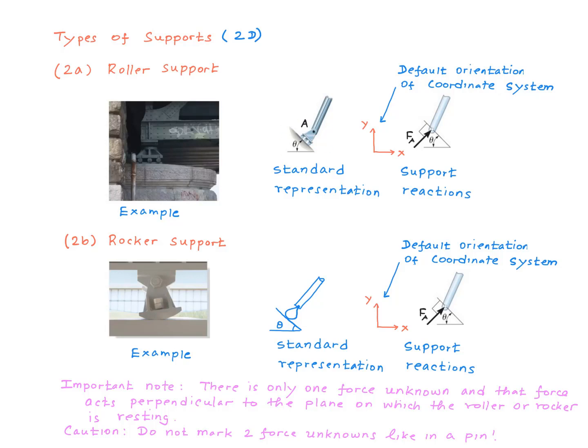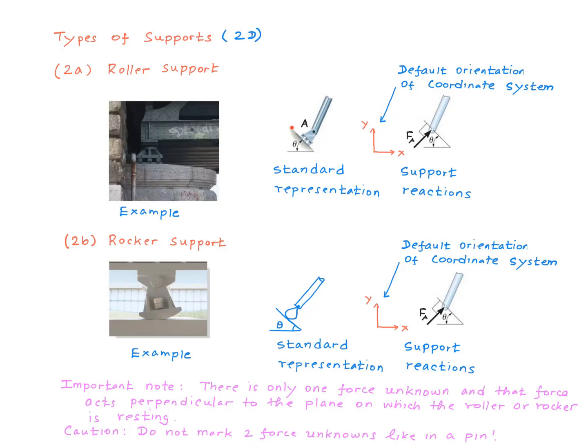So you're going to end up introducing two unknowns. Now this is incorrect for a roller. If you put two unknowns, you are introducing one too many unknowns, and later on we will see that we will not be able to solve for these unknowns. So here I have written a cautionary note for you. Do not mark two force unknowns like a pin.